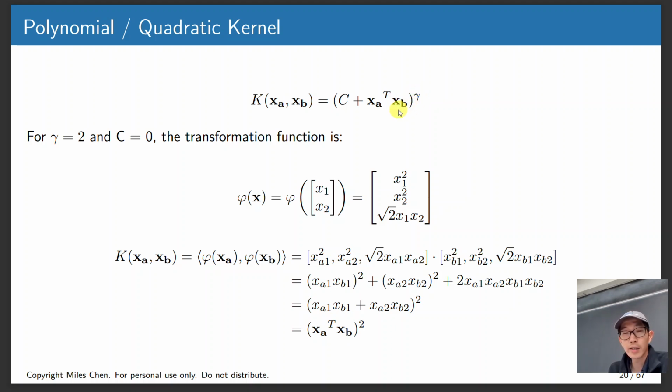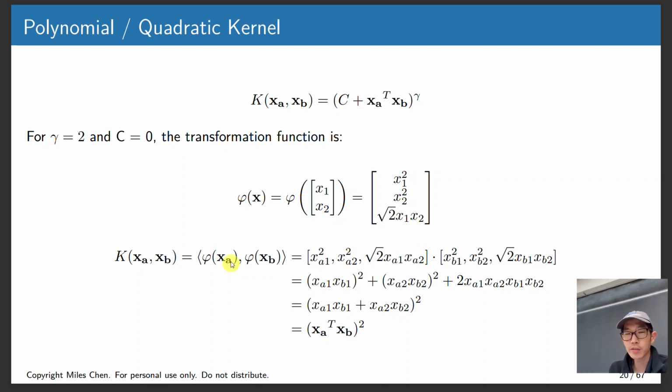For example, if you set gamma equal to 2 and leave your constant at 0, this is equivalent to using this transformation function: x1 and x2 become x1 squared, x2 squared, and root 2 x1 x2.